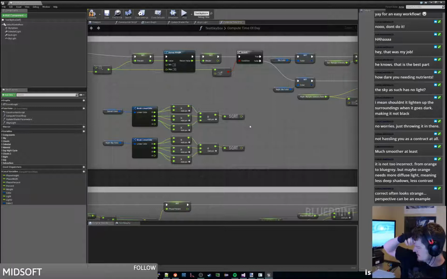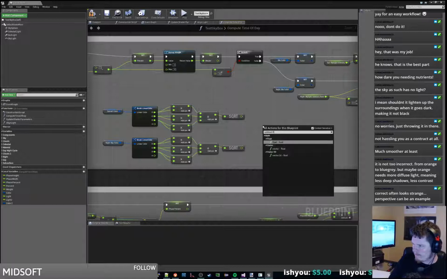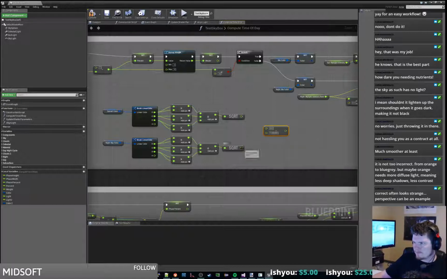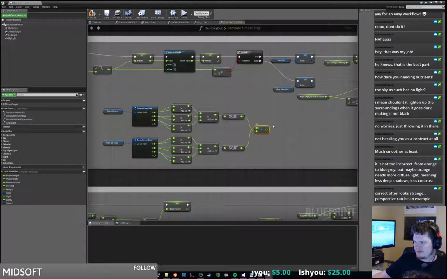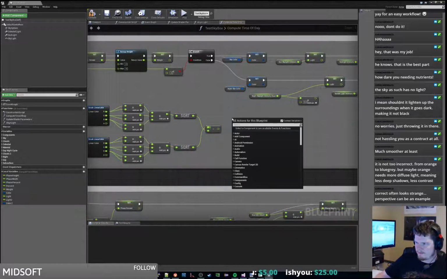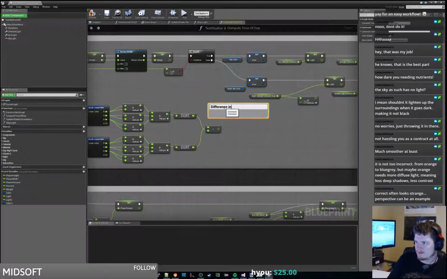If we subtracted them, we would get a percentage. So it's this value minus this value. That's going to give us the difference in luminosity, whatever.